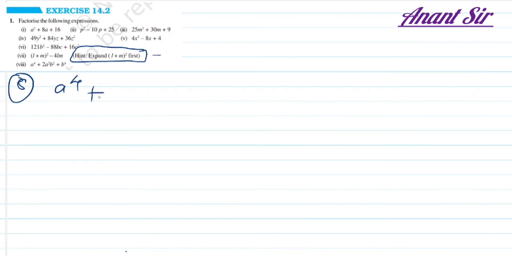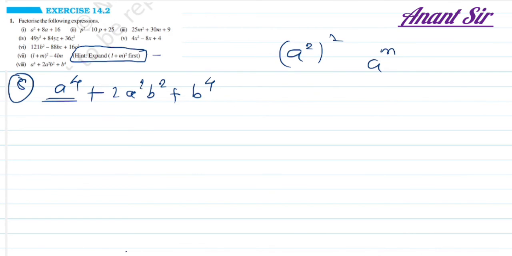This is the last part of the first question of exercise 14.2. Again, we check whether this a raised to 4 is a square of any number. Yes, it is the square of a square. See, we have used this formula when we solved exponents and powers. If we have two powers on the same number, what do we do?